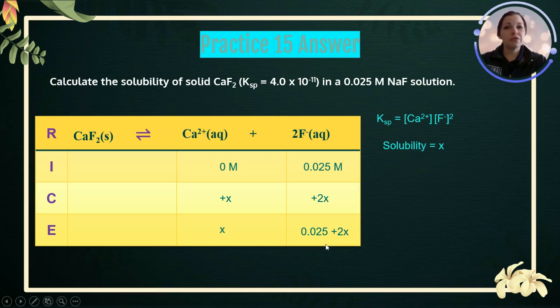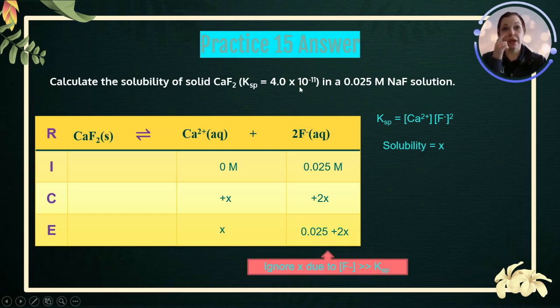We can simplify this calculation quite a lot by recognizing that the starting concentration of F- is much, much greater than your KSP value. Because it is so much larger than your KSP, we can ignore the 2x according to the 5% rule. So KSP is going to be equal to x times 0.025 squared.